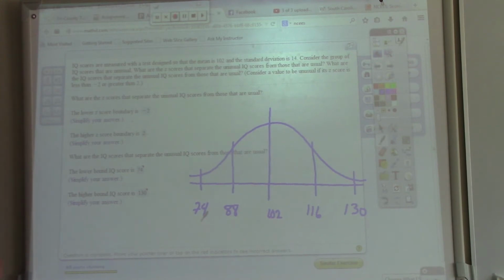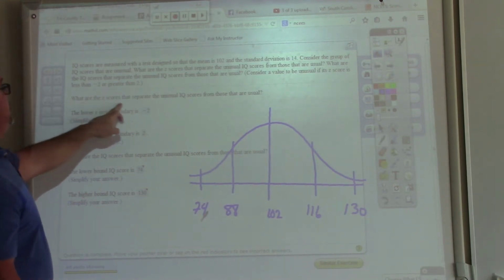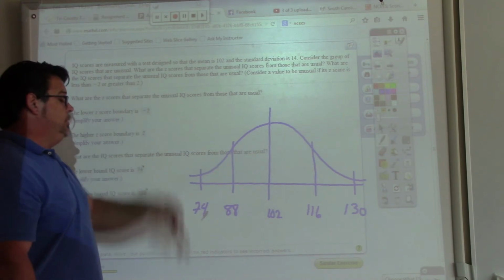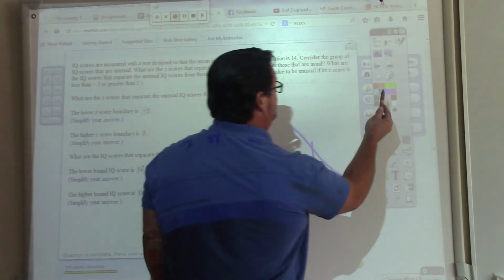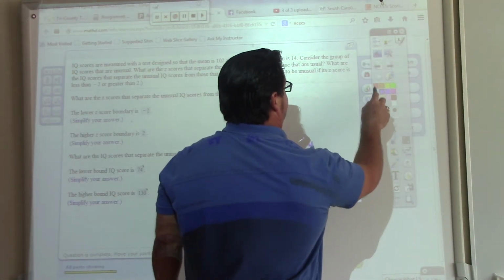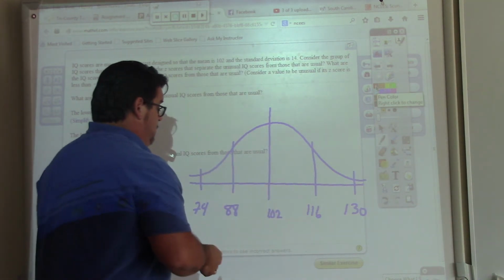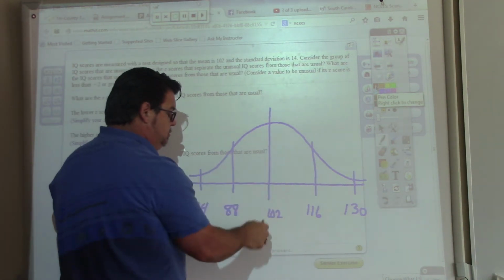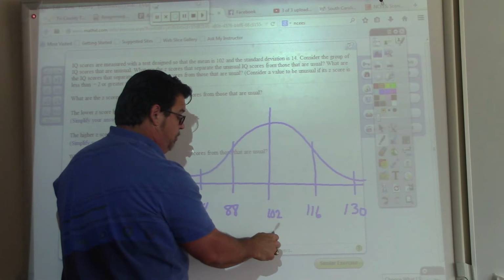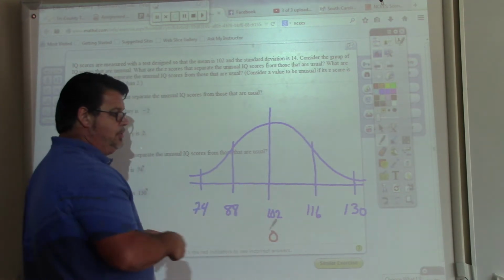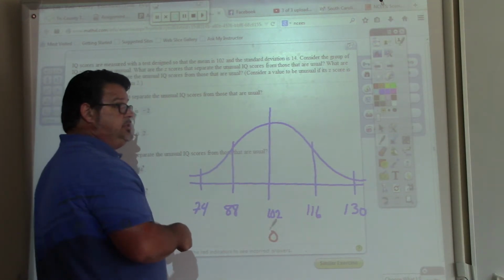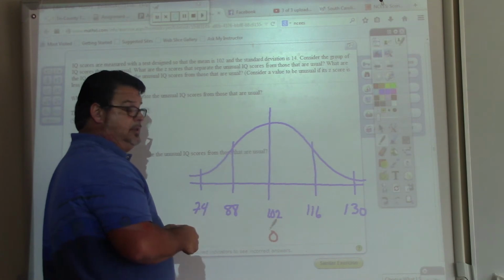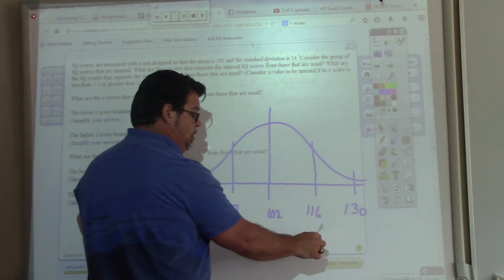Let's see what the question says. What are the z-scores that separate the unusual? Well, go down here, I guess I'll change it to red. On z-score, what's the middle? 102. 0. And then what's the standard deviation? 1, right? So what's this z-score? 1.